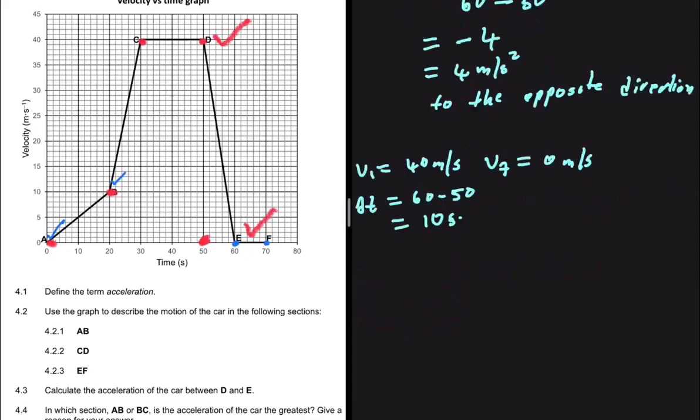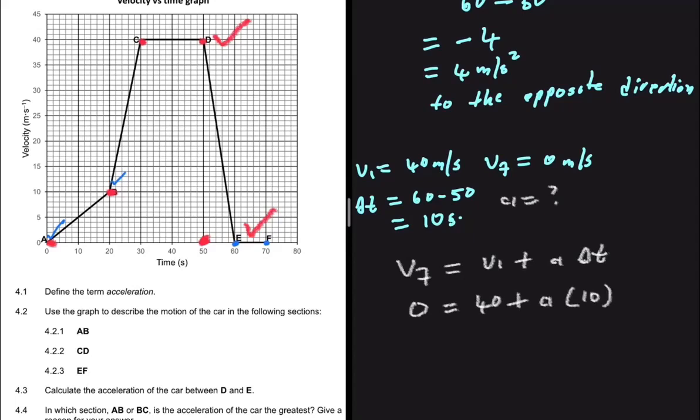The equation that you use with these variables, if you're looking for the acceleration, is Vf equals Vi plus a delta t. So what is Vf? Vf is 0. What is Vi? That is 40 meters per second plus the acceleration multiplied by the time.